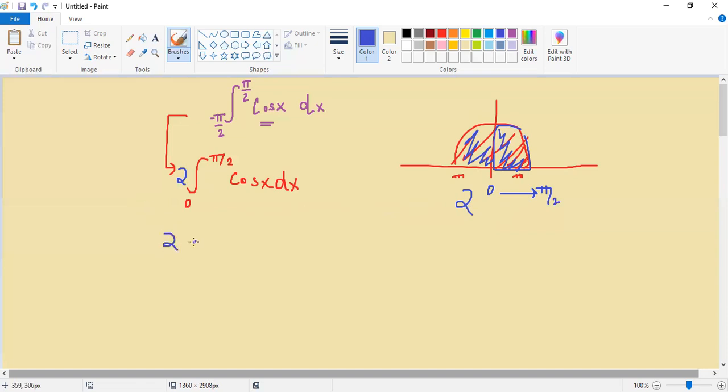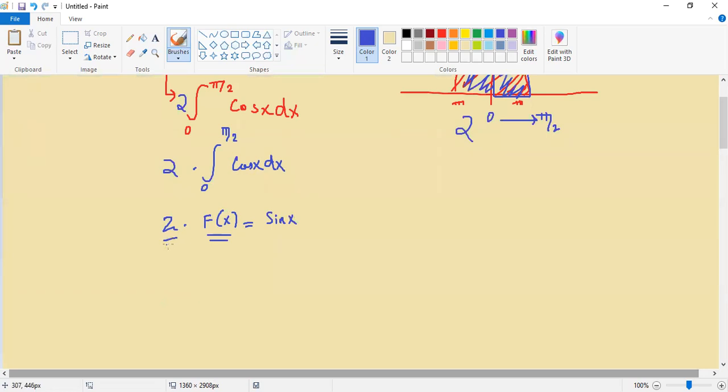So finding 2 times the antiderivative of cosine x on this particular interval would essentially be a question of finding the antiderivative of cosine x, which we know is sine of x, and then multiplying that by 2.